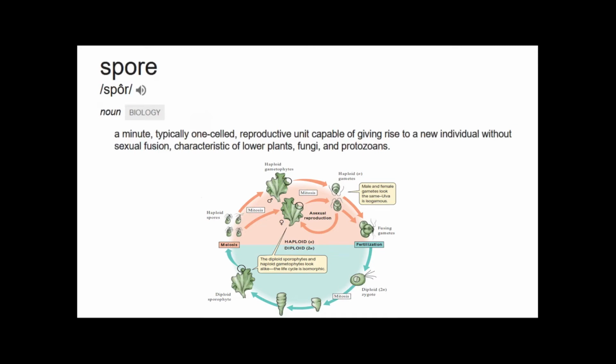So just because it has half of the genetic information doesn't mean it can't reproduce and create a multicellular but still 1N tissue. That might be kind of hard to think about, but if you were to make an analogy to the human life cycle, that would be as if an egg cell could reproduce many egg cells that are still unfertilized, they're still 1N tissues, but they could continue to reproduce and make a multicellular mass of egg cell tissue.